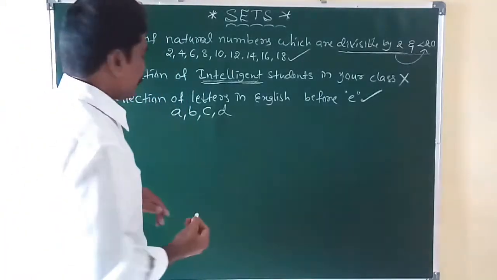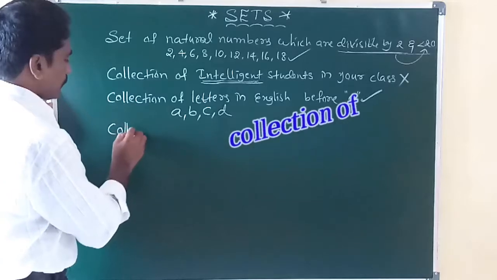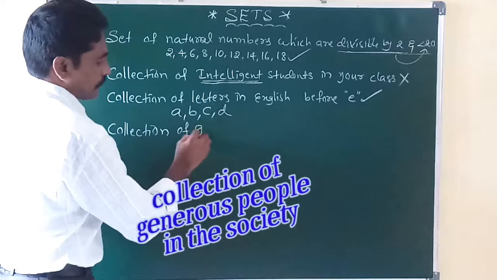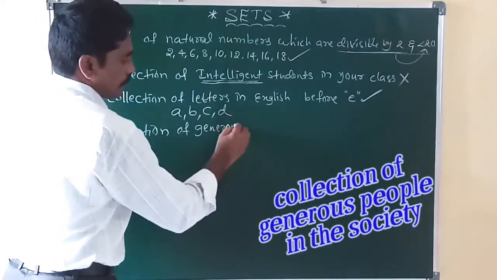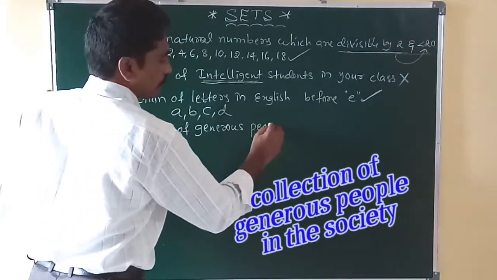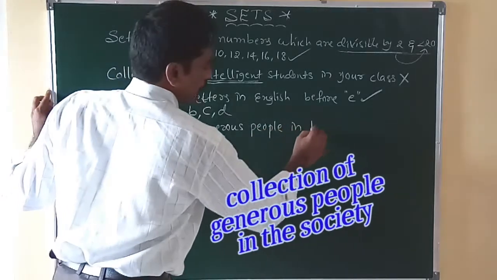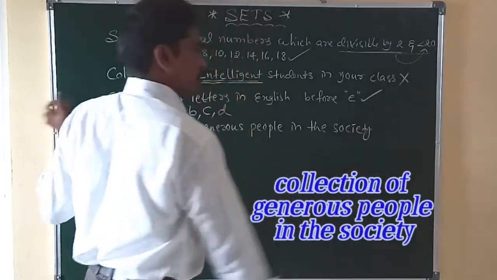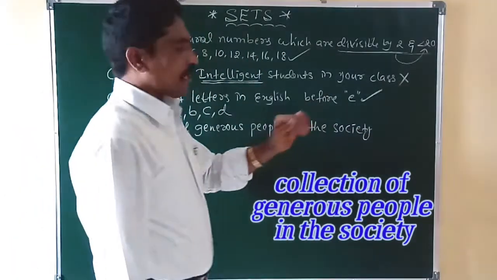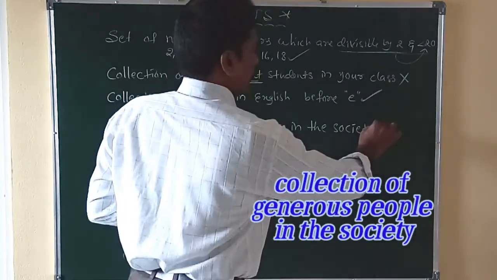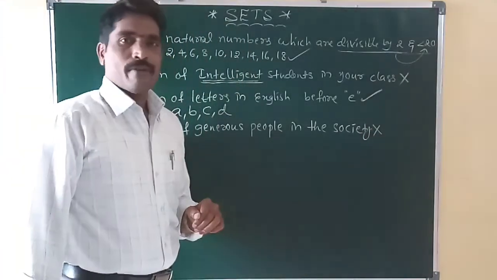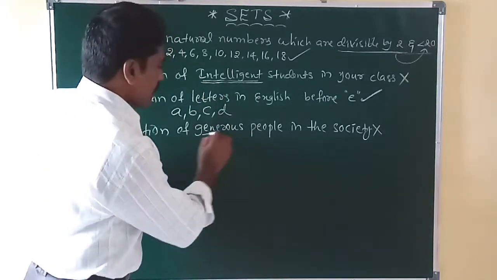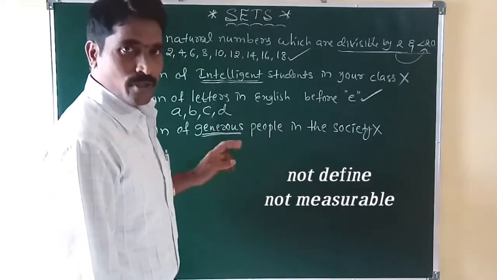Take another example. Collection of generous people in the society. Is it a well-defined collection of objects? No. It's not a well-defined collection of objects, because the word generous is also a relative term.